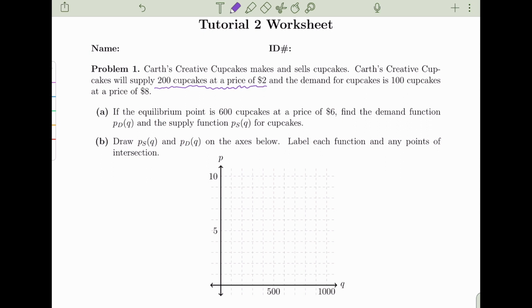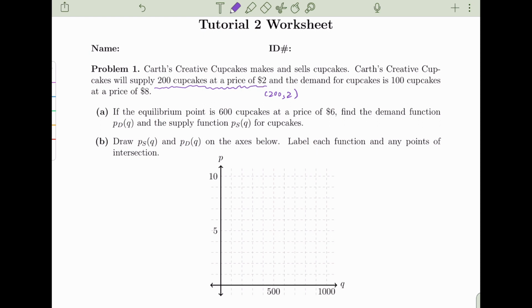So to determine this point here, we know that the quantity will be in the first coordinate and the price is in the second coordinate, right? So the first point that we found here is quantity goes first, 200, and now the y-coordinate or the p-coordinate, 2. Okay, so that is the first point that we have here for the supply line.